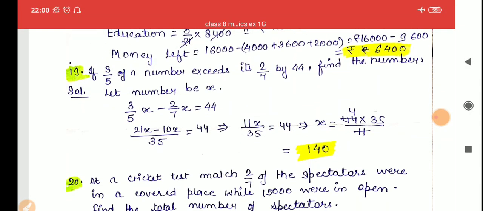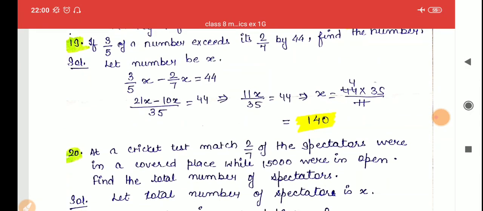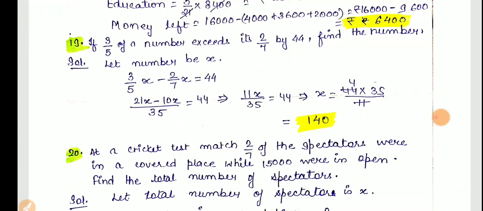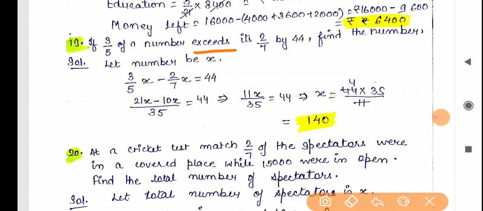Now moving forward to next question, that is 19. If 3/5 of a number exceeds, here is a new word, exceeds, means more than, greater than any number. Okay, now I'll elaborate the question.